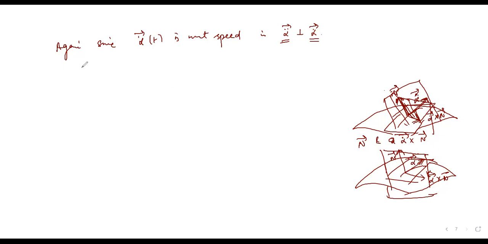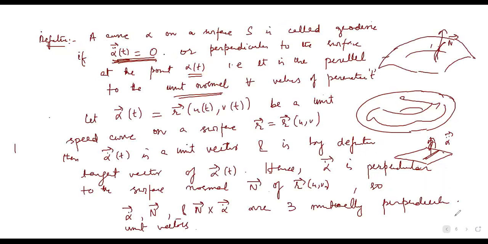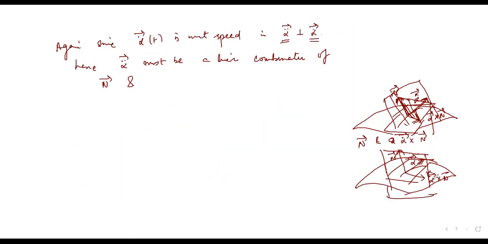Hence alpha double dot must be a linear combination of N and, just to be consistent, N cross alpha dot. It doesn't matter which sign; if it is the negative, it will just be in the other direction. Anyway, I have to choose a direction, so I choose N and N cross alpha dot.